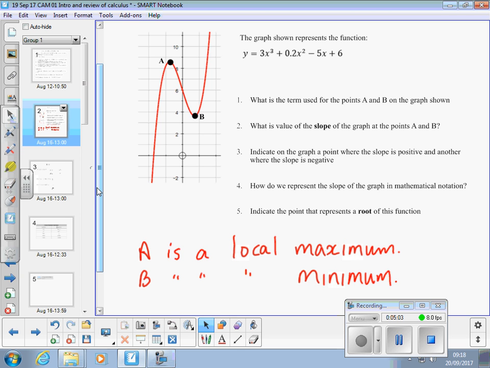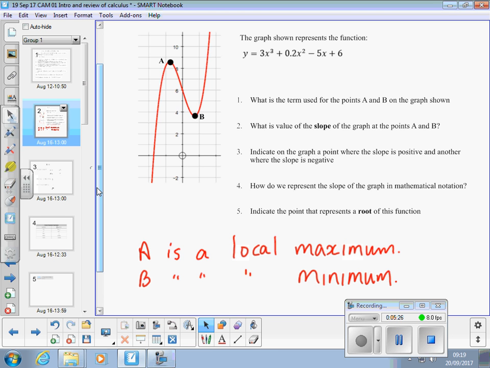Because in some functions, outside the range we're looking at, there could be other maximum and minimum values. But we're looking at quite a small range here of x values. Outside that range of x values, there might be, in some functions, other maxima and minima.